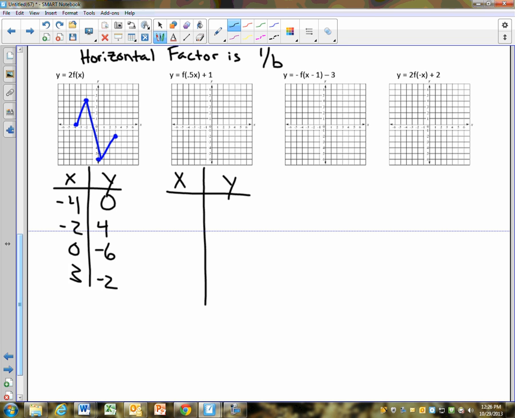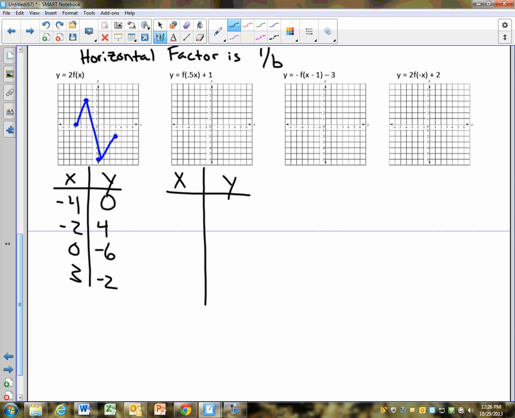We're just going to think about it and understand it. If I had a 2 here, the factor would be 1 over 2. If it's 1/2 the original size, is that a stretch or a shrink? That's a shrink. So let's put 0.5 in there. What's 1 divided by 0.5? Positive 2. So is that a stretch or a shrink? Stretch. And because it's on the inside, it's horizontal.